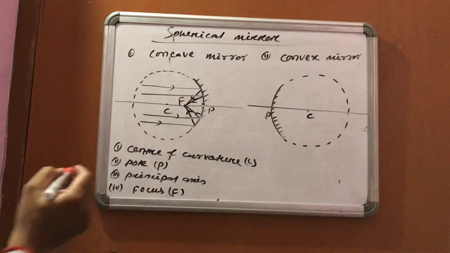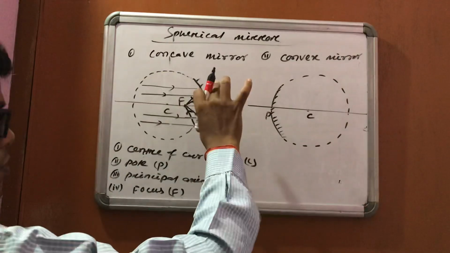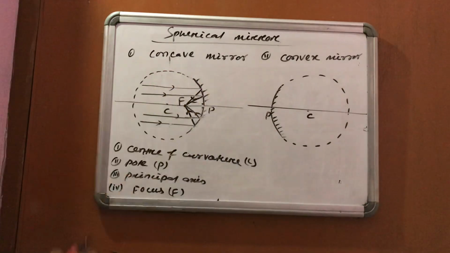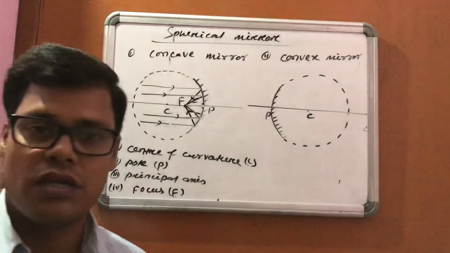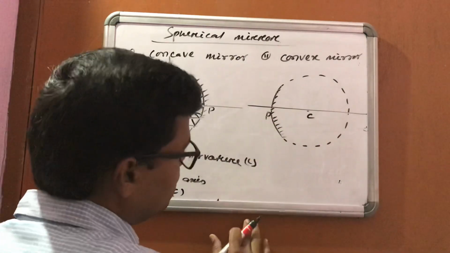So in case of a concave mirror, what is focus? Focus is the point where a parallel beam of light meets after reflection from the concave mirror. What happens in case of a convex mirror?